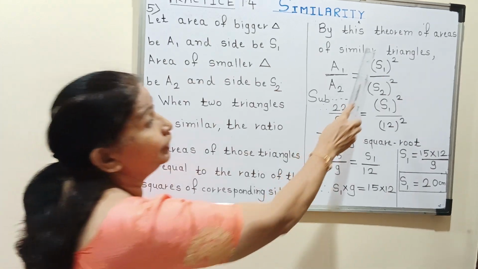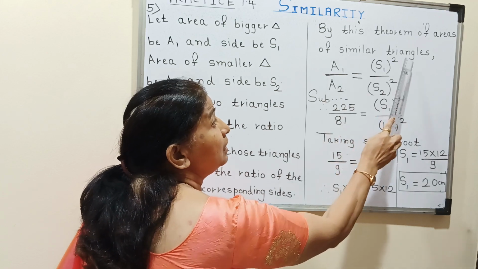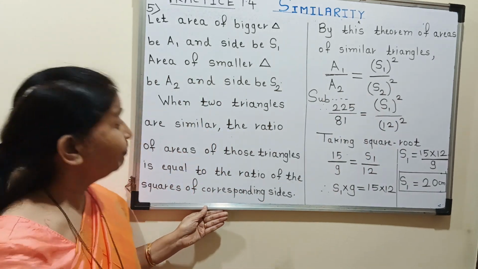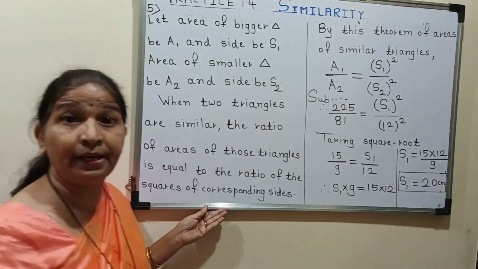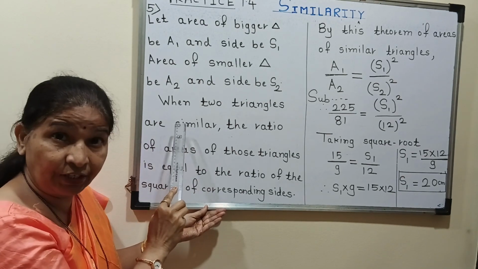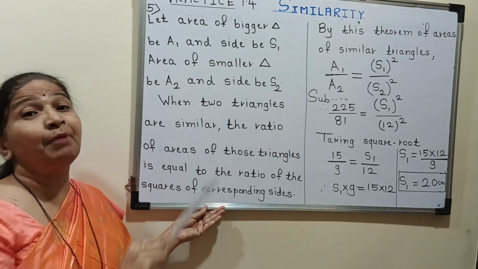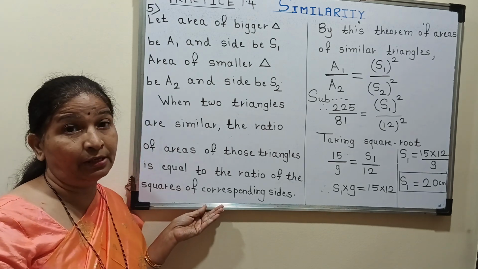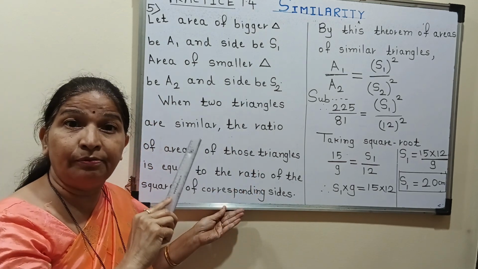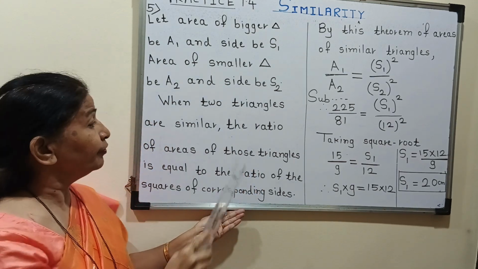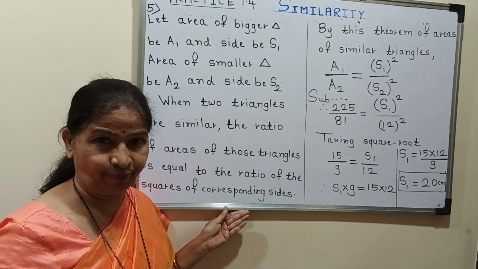This is the theorem of areas of similar triangles. So at first I stated the theorem: when two triangles are similar, the ratio of the areas of those triangles is equal to the ratio of the squares of their corresponding sides.